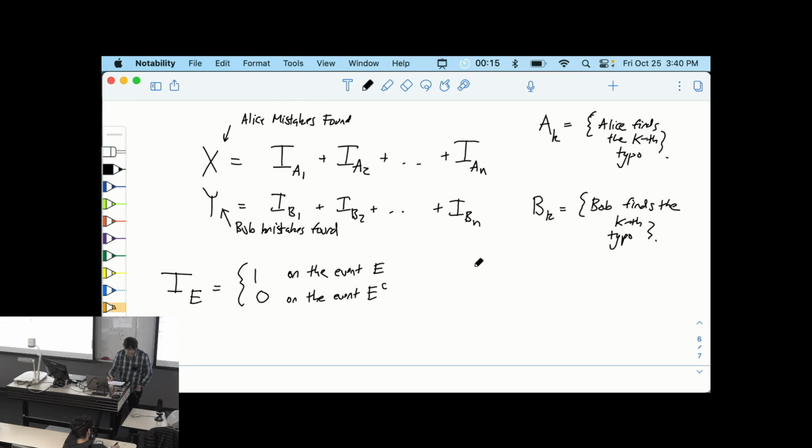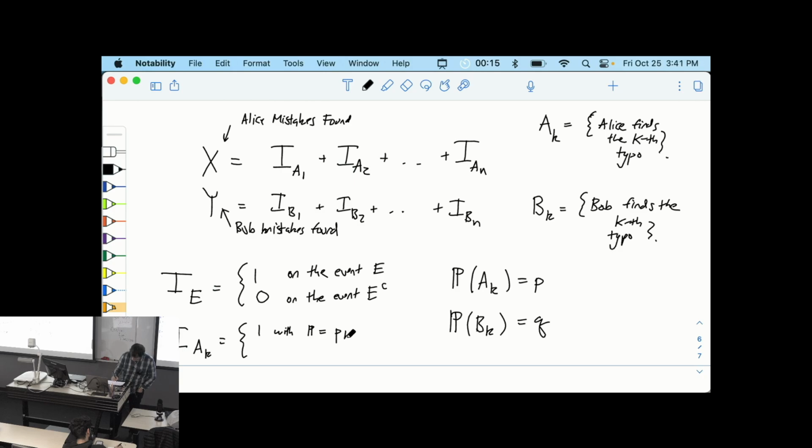But you'll notice that we were given in the problem that the probability of Ak is equal to p, that's Alice's probability, and the probability of Bk equals q. And so you could say I_Ak is 1 with probability p, and it's 0 with probability 1 minus p.